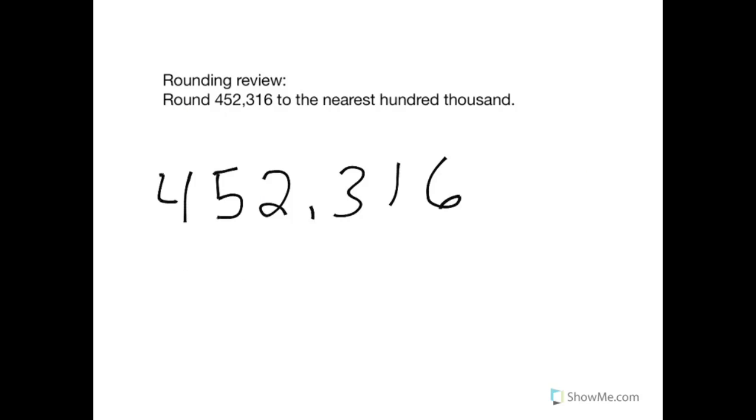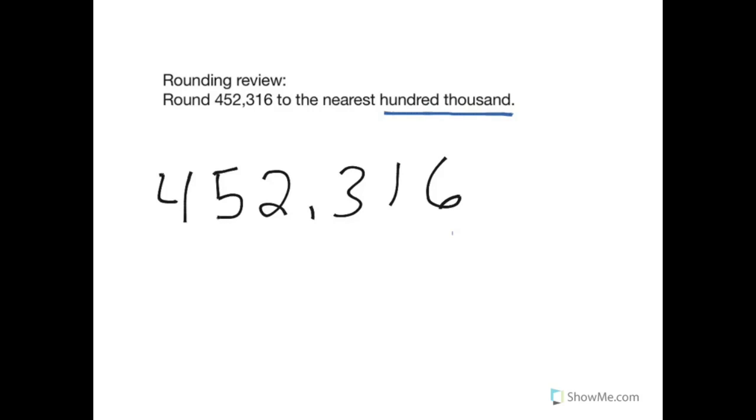All right, first let's do a little rounding review. I want you to round the number 452,316 to the nearest 100,000. This is a little trick that I like to use, and it might help you remember when you're using rounding as well. The digit that we're going to be looking at is the 100,000s place, okay?